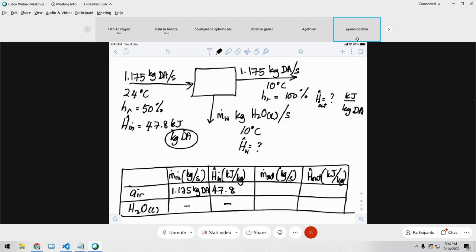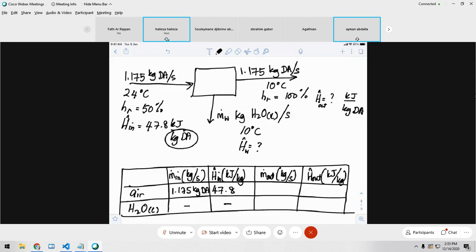You already have the psychrometric chart. You just need it in terms of per kilogram dry air. So we ignore the enthalpy for water in the inlet. Your enthalpy is actually the enthalpy of the humid air. It's actually the enthalpy that includes the water vapor. Why?